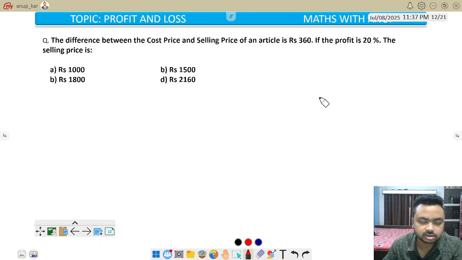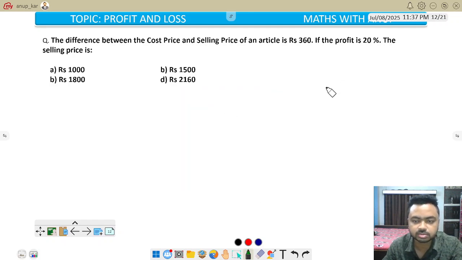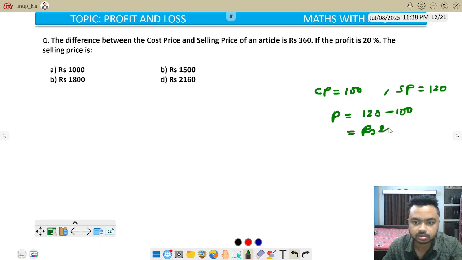So we have to understand one thing. If we take the example that I took earlier, suppose the cost price of an article is 100 and the selling price is 120. So what will be my profit? Profit is nothing but 120 minus 100, that is rupees 20.